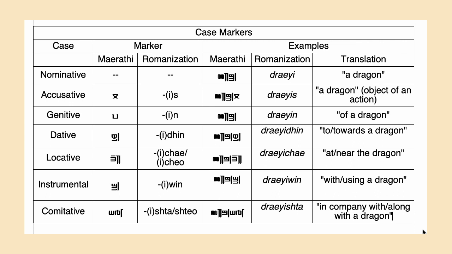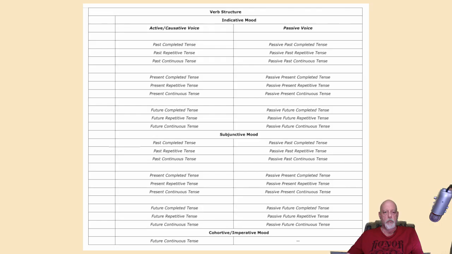If you want to say at or near the dragon, it would be dreiche. If you want to say with or using a dragon, you would say dreiwin. And if you want to say in company with or along with a dragon, you would say dreishta. Now, that last form of a word is also used when indicating possession in a lot of cases.